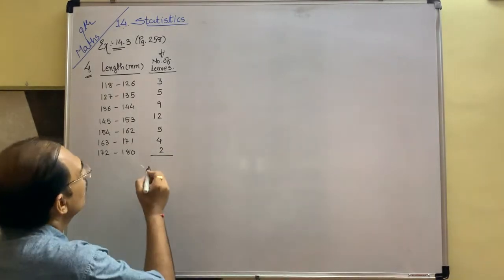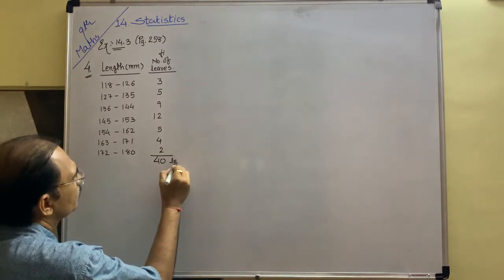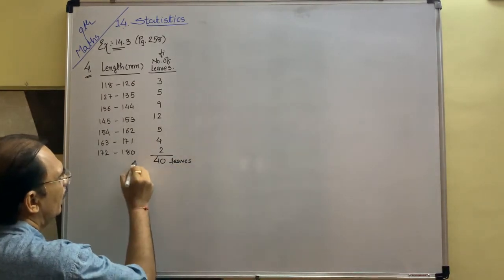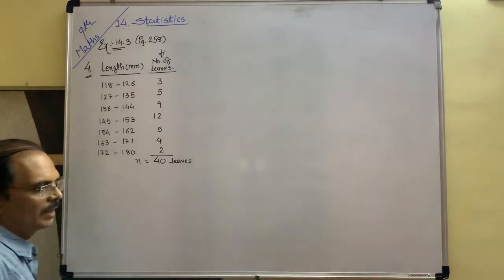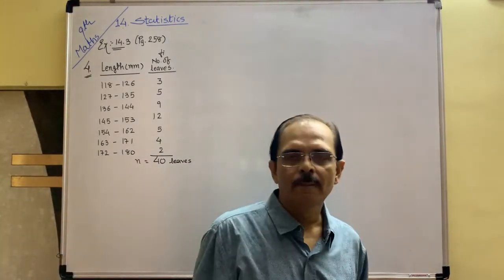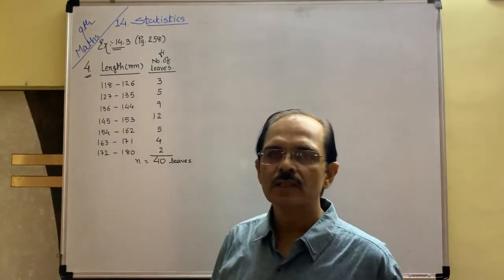Okay, total 40 leaves are there. N means sigma Fi, means sum of frequencies.